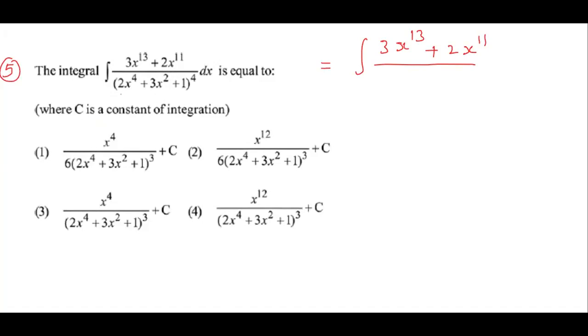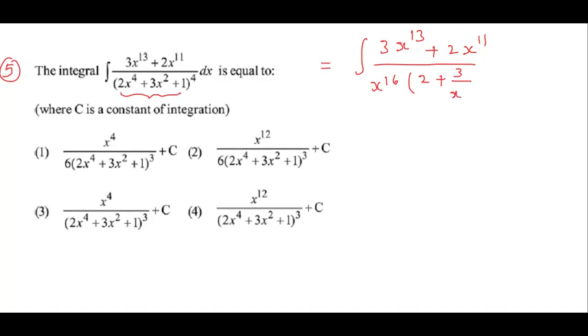I am going to take common x power 4, but power 4 is there, so x power 4 means it is going to x power 16. Then what is the remaining? 2 plus 3.